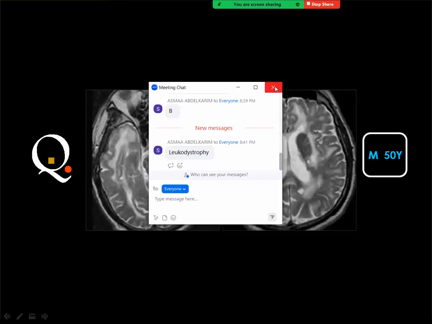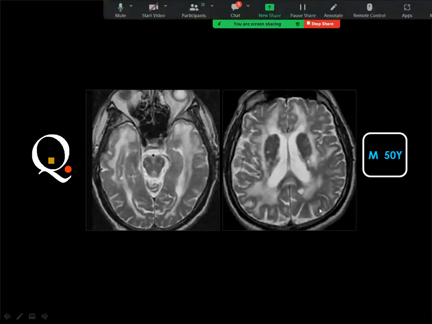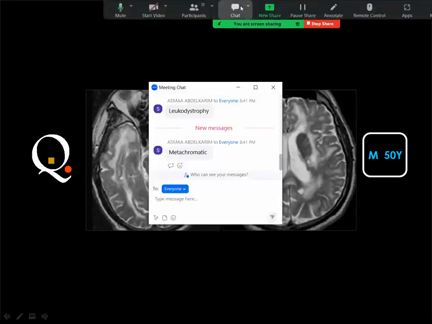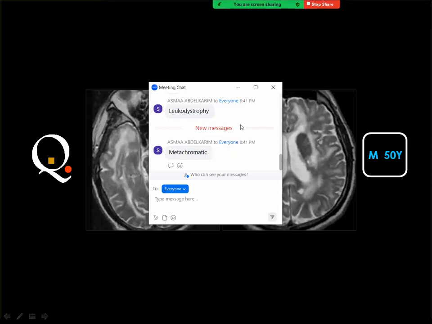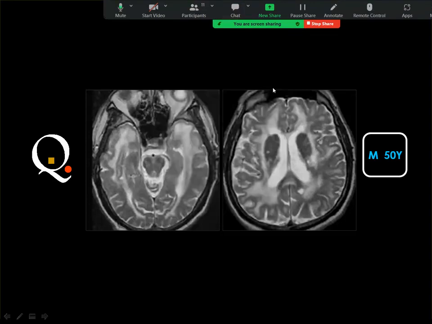Leukodystrophy is a disease of the pediatric age group, but in old patients, you think of ischemic changes in the white matter like subcortical. No, this is of course not metachromatic. The patient is very old for this diagnosis, but you think of ischemic changes.